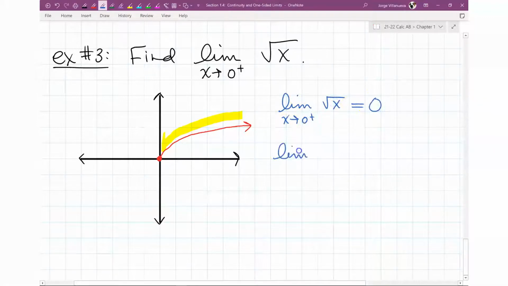What's the limit as x approaches 0 from the left? Is there a left? No, right? It would be somewhere right here, right? We're looking for it from that side. But there is no graph to the left of 0. There's no graph, so that would be undefined.